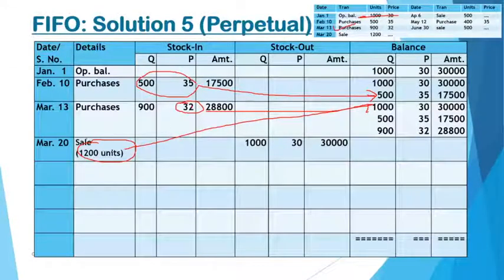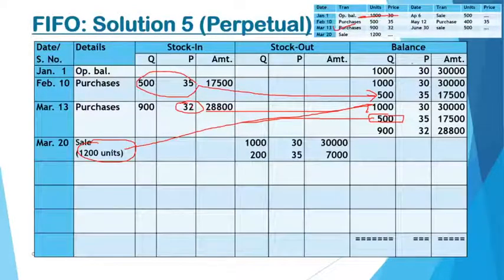In order to fill that gap of 200 units, you will be utilizing the next lot. So for the remaining balance, this 500 units will be used. Your next 200 units that you are to sell will be from the second lot, isn't it? So how much will be the balance?